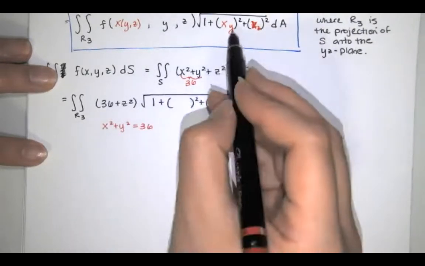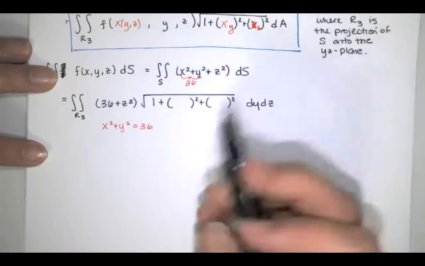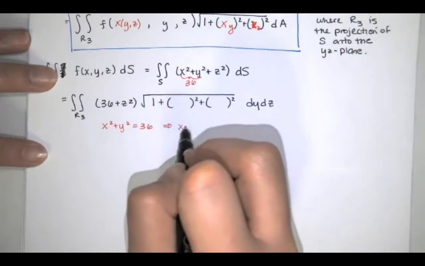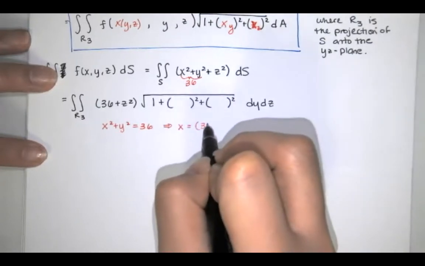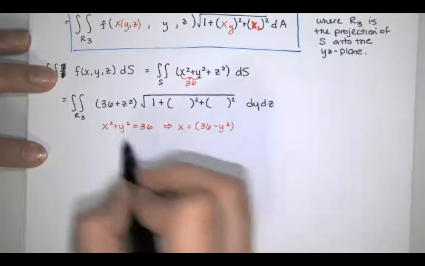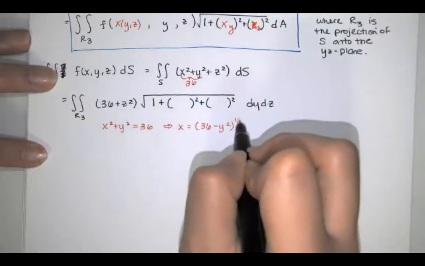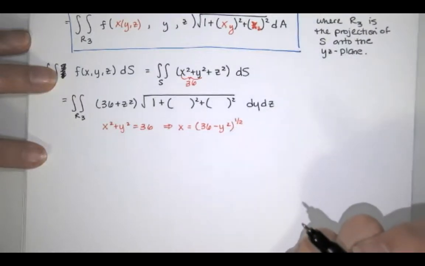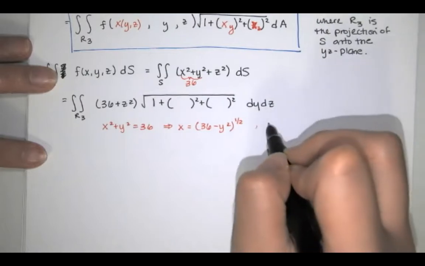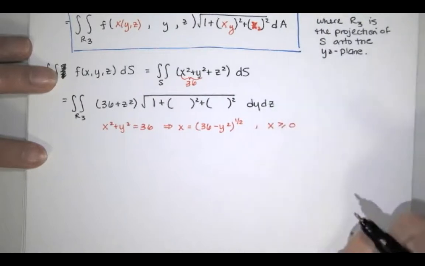In order to find the partial of x with respect to y and the partial of x with respect to z, I need to solve for x. So I'll have 36 minus y squared, and then I'll take the square root, or raise it to the 1/2 power, same thing. So that's getting me an x by itself. And that's appropriate since x is greater than or equal to 0. So x is between 0 and 6.